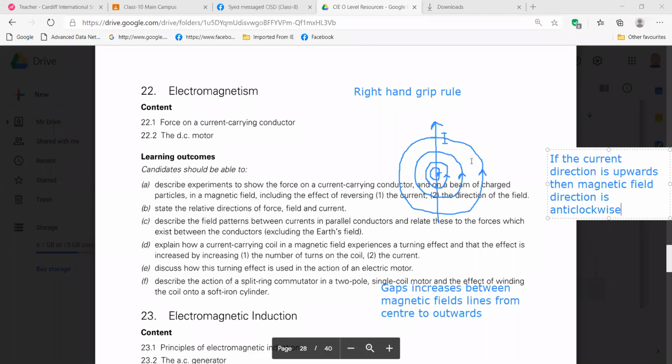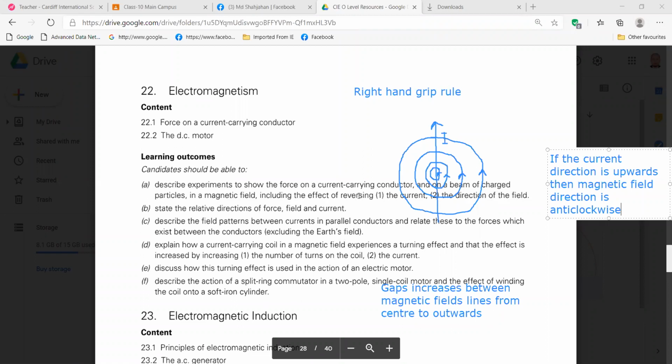Okay, now you can understand easily the one we are going to discuss, which is learning outcome C. In your book, you see page number 355, figure 22.5. Other than one conductor, we have here two conductors, right?